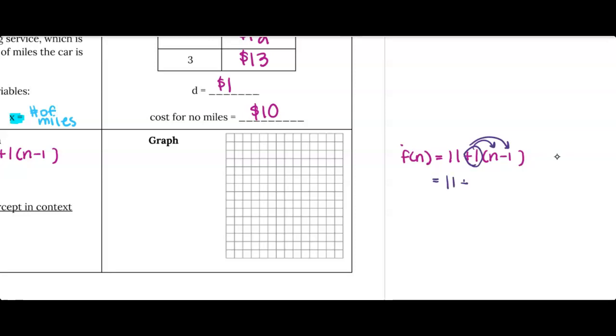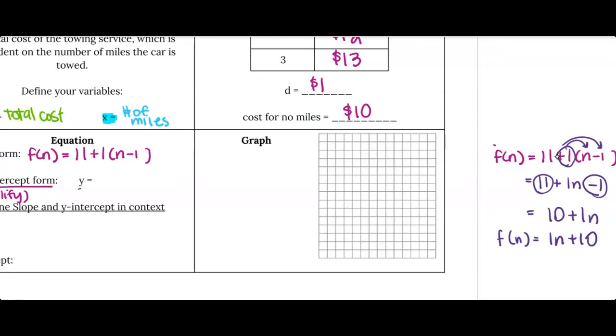So it would be 11 plus 1 times n minus 1. And then we would combine our like terms. So we would have 10 plus 1n. So we'd have f of n is equal to 1n plus 10.